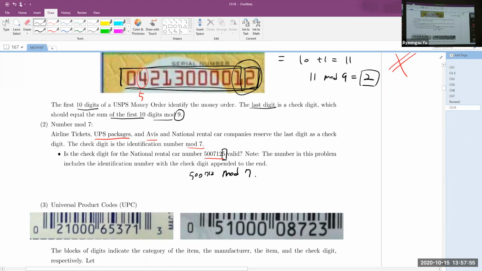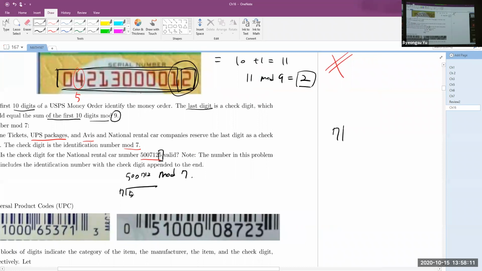Again, you can just divide it. Okay, 7 divided by, I'll just do it here. 7 times 7 is 49, and 7 times 1 is 7, 3. 7 times 5 is 35, 2. 7 times 3 is 21, 0.